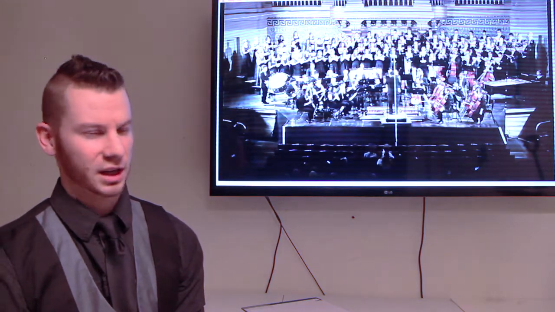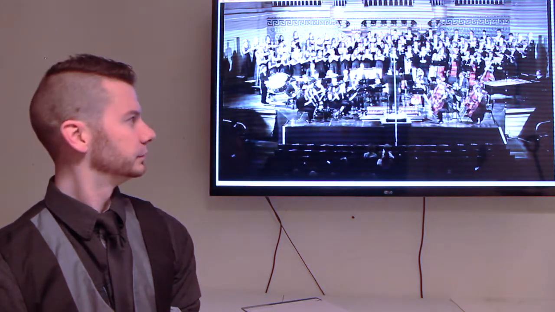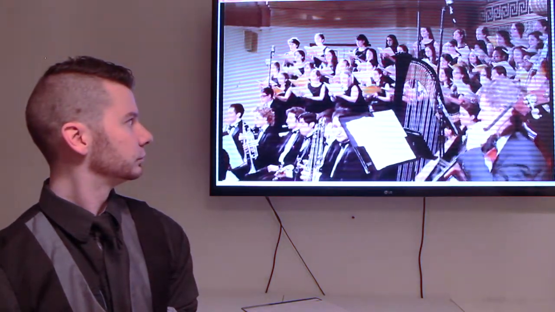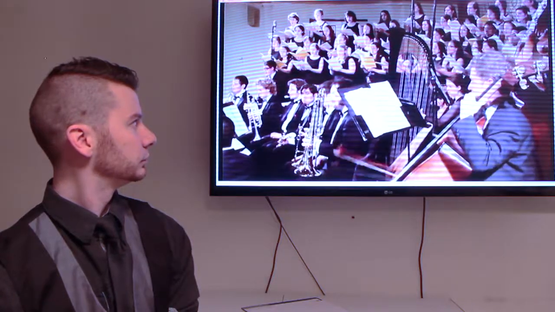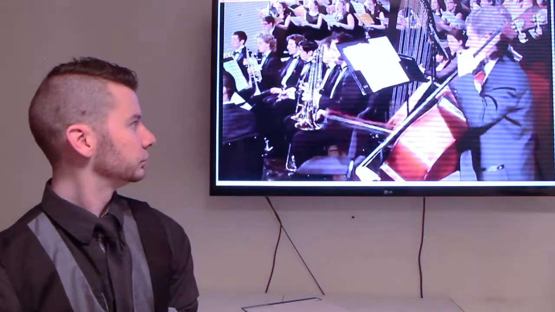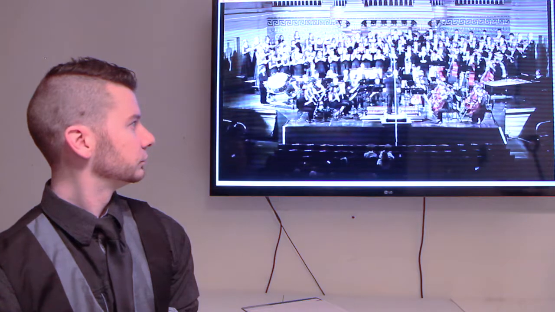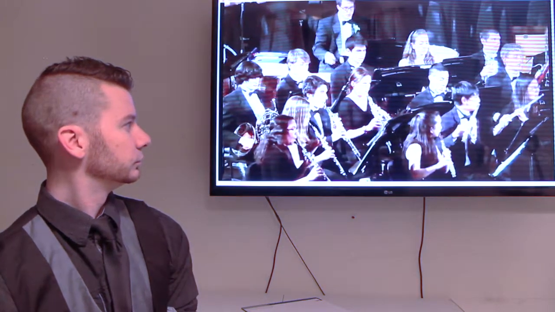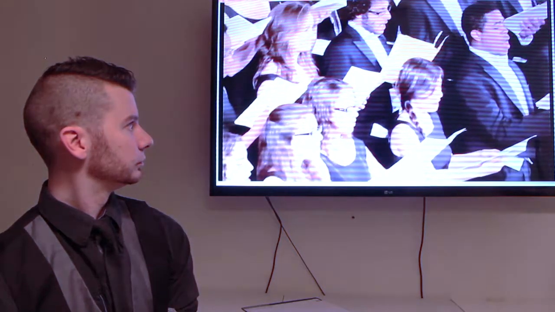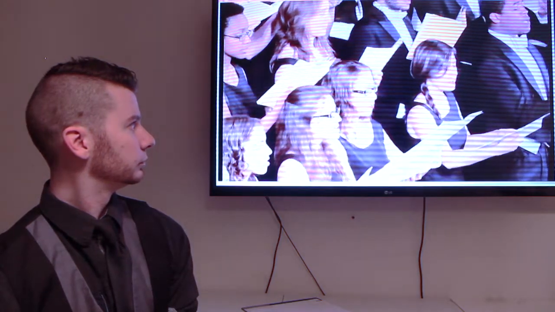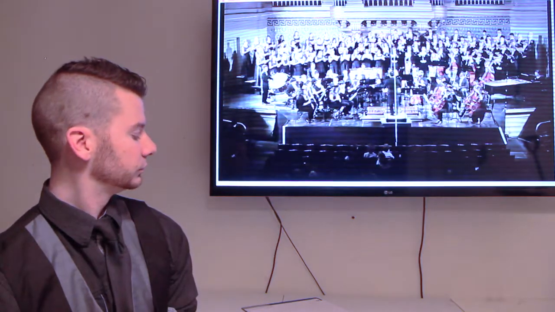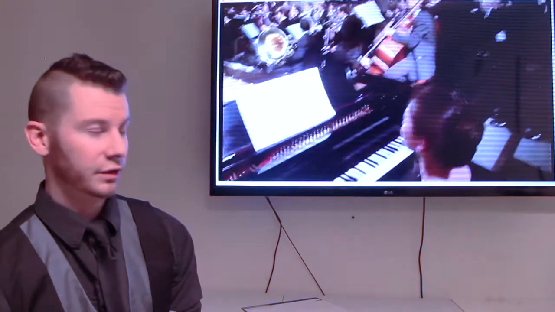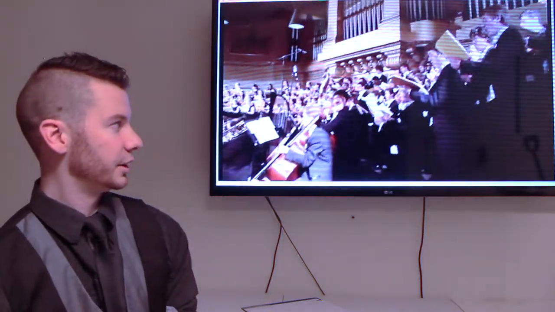Highlights the fortissimo dynamic range there, very loud. Piano has those low register tones to it.